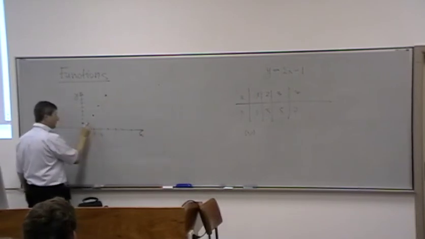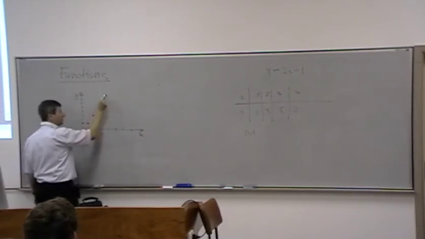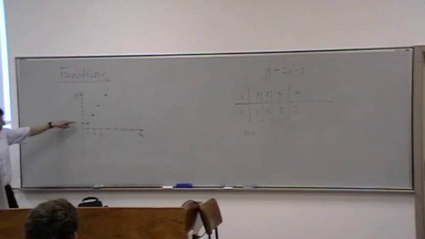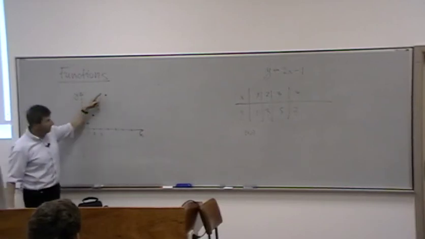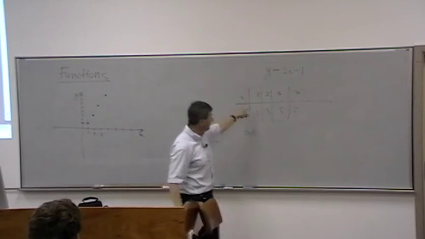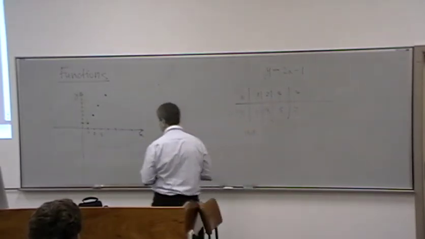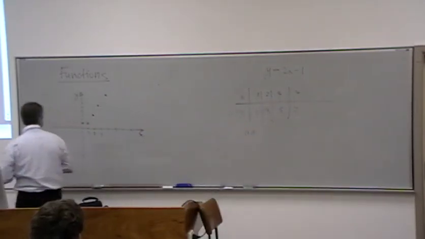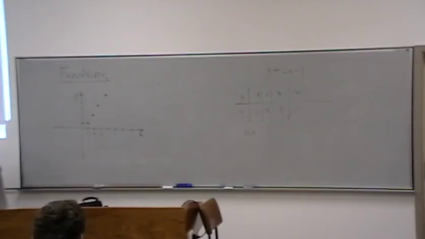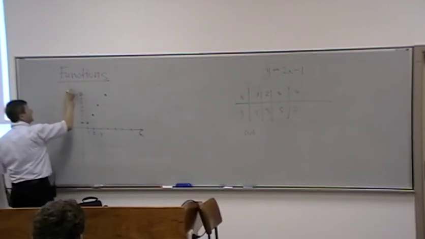So a way to depict this function from the table is to draw just these 4 points, each point for one of the pairs of input and output. And we see already, just from looking at the graph, this is called the graph of the function.